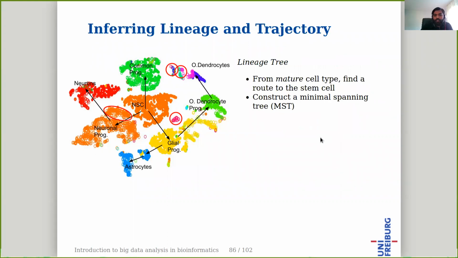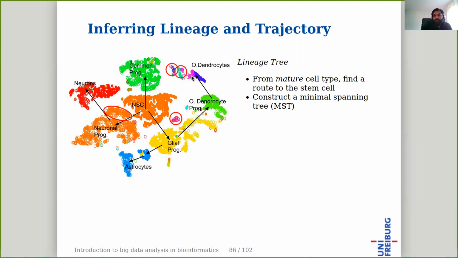Lineage tree construction is about how you can generate these mature cell types from the oligodendrocyte progenitors, and how these can be generated from the glial progenitors, and how this can come from the neuronal stem cells.